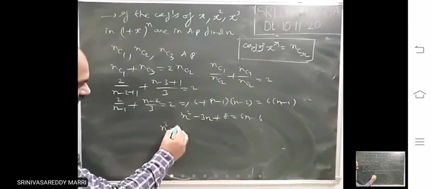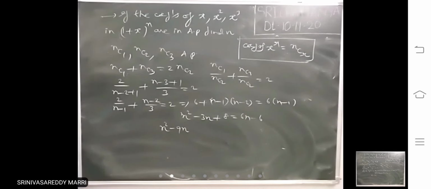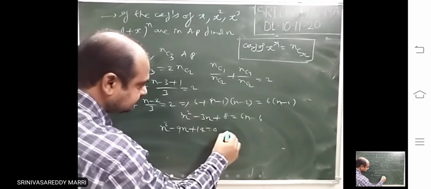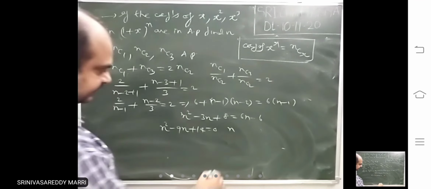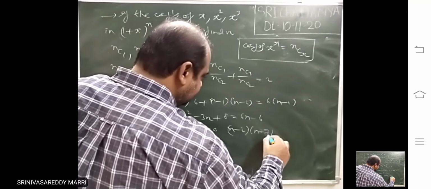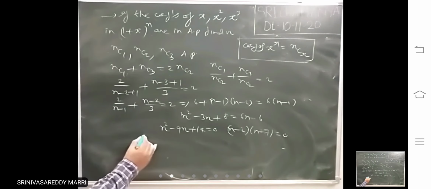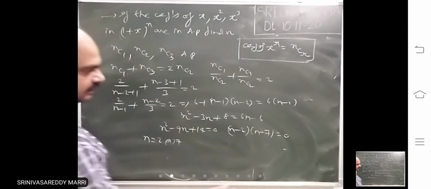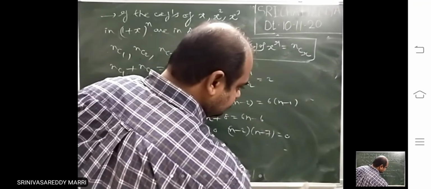So therefore n square minus 9n plus 14 equal to 0. That means what are the factors? 2 and 7. (n minus 2)(n minus 7) equals 0. So n equal to 2 or 7.